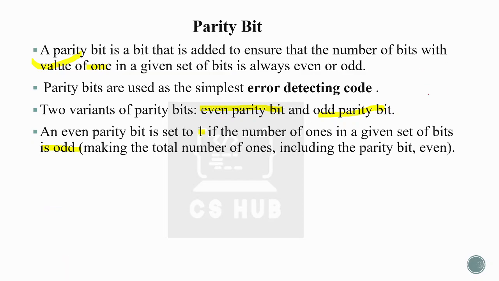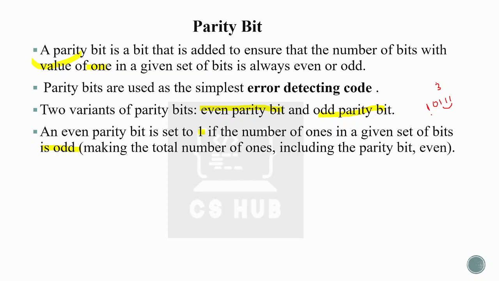Consider an example. Suppose this is our data bit. Here there are 4 bits in total, and of those 4 bits, 3 are ones. The number of ones is 3, which means the number of ones is odd. If the number of ones is odd, in case of even parity, the parity bit will be set as 1, which means I have added a 1 over here.